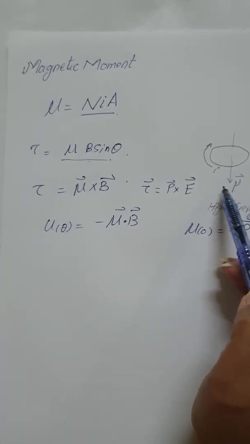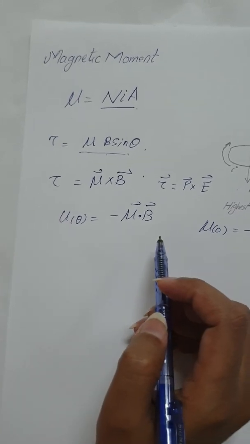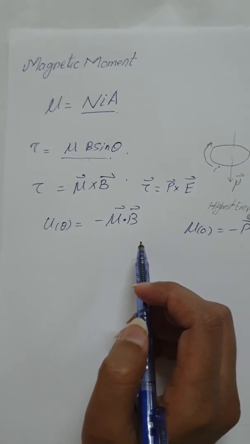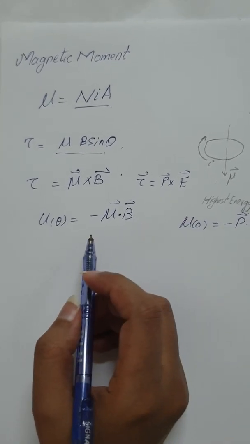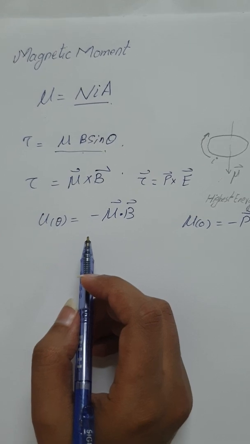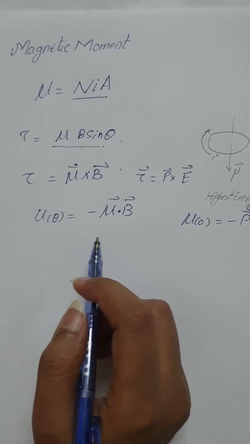And one more important point, the unit of mu is joule per Tesla.